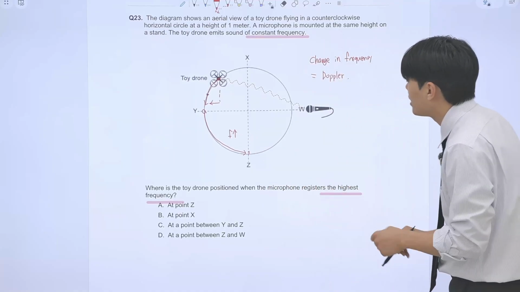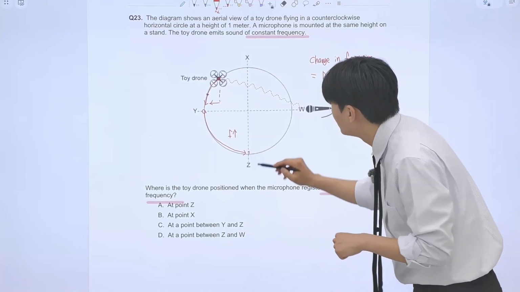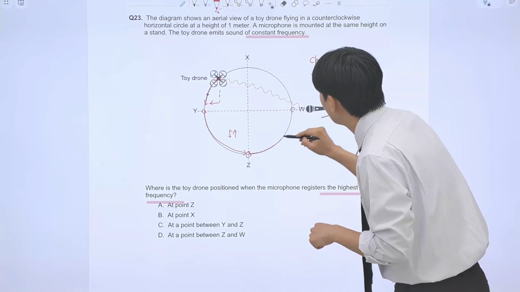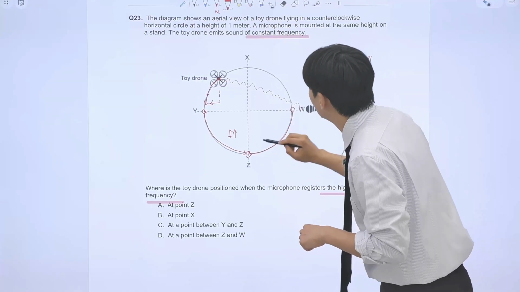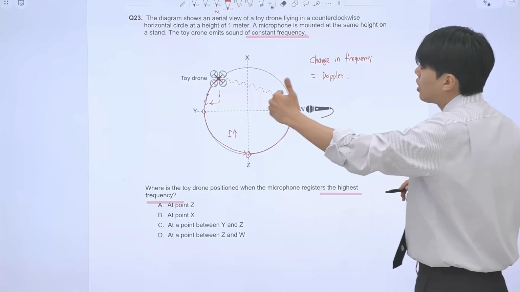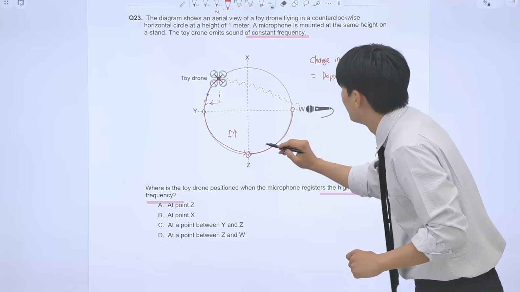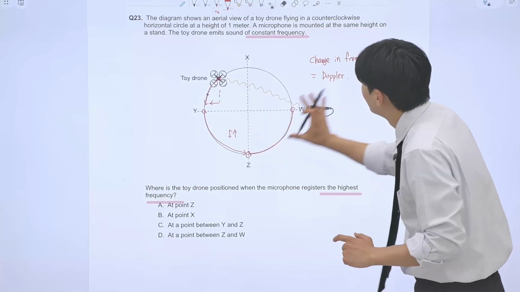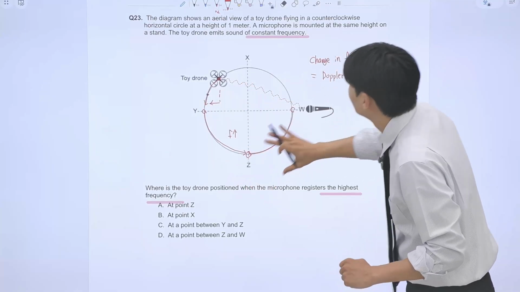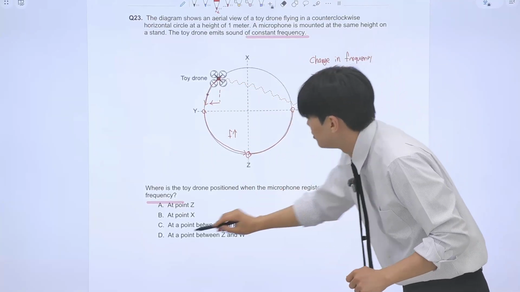However, we have the other option between Z and W. Between Z and W, it also goes closer to the mic, but at a higher rate than Y to Z, because it's much closer. So then it has to be D.